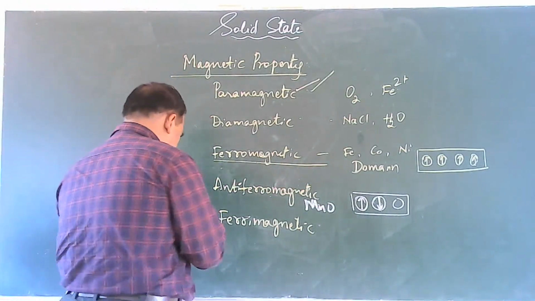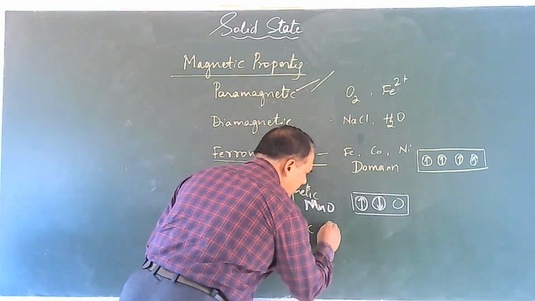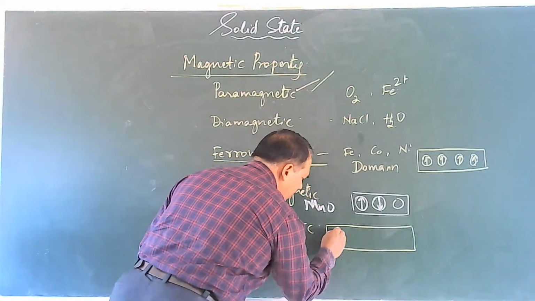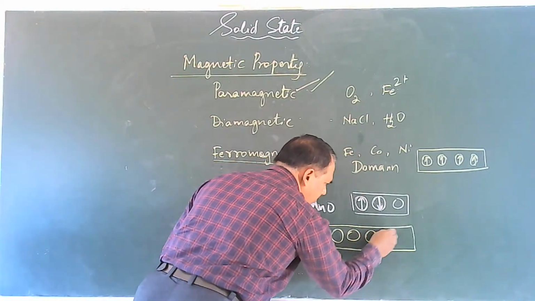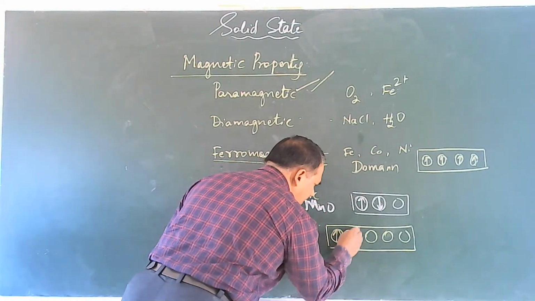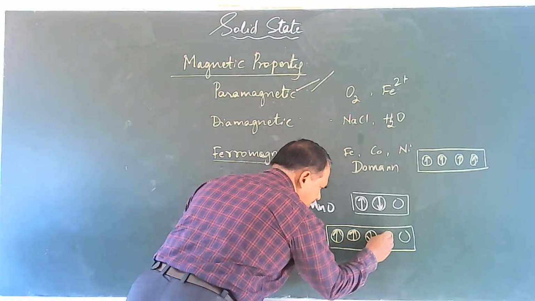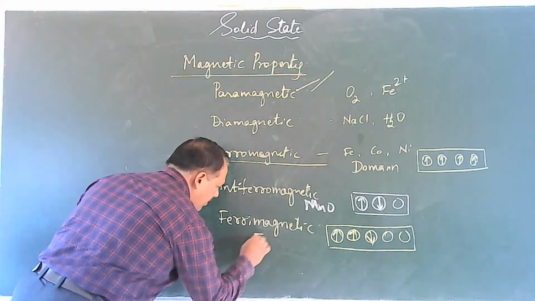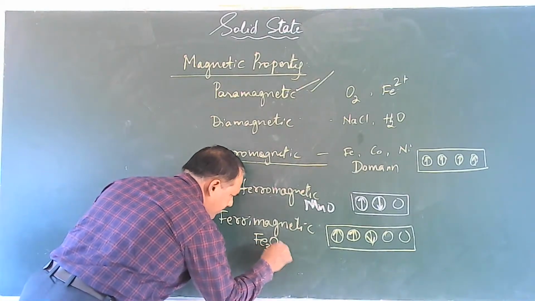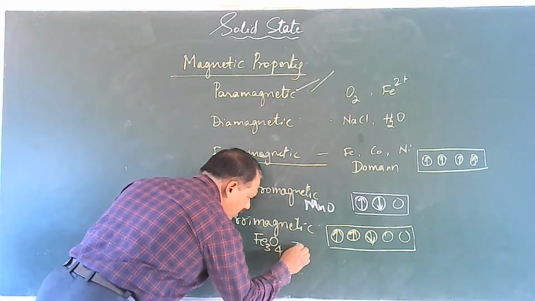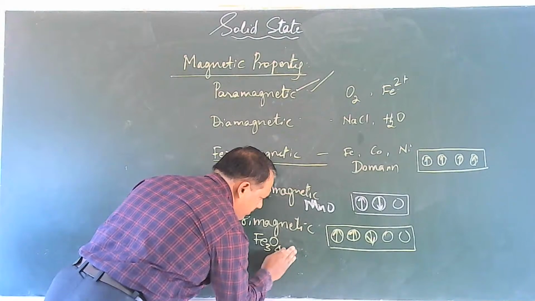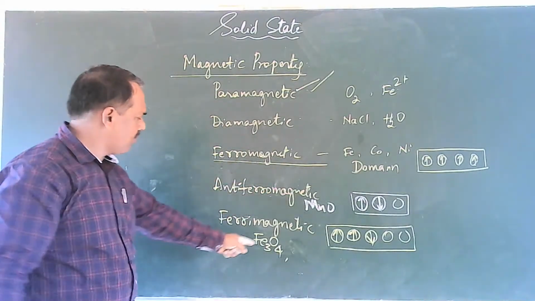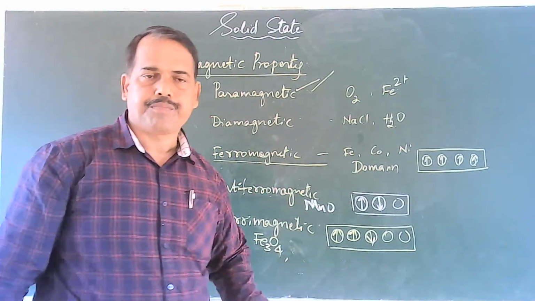And ferrimagnetic substance. Here two domains we can find, one in one direction, another in another direction like this. There is an inequality. We can find this in Fe3O4, which is a particular example.